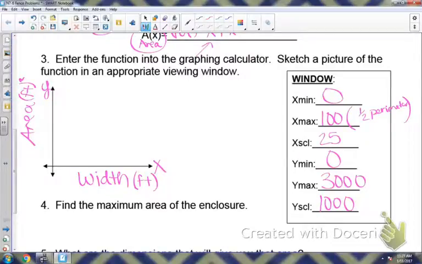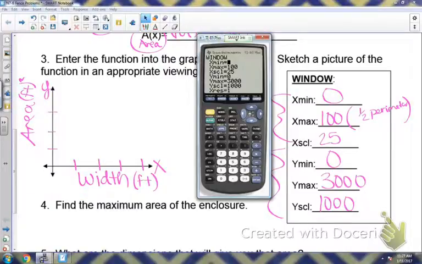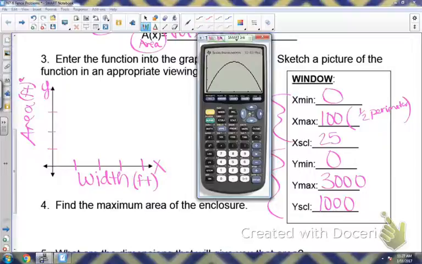On the X axis, we're going from 0 to 100, increasing by 25. So 25, 50, 75, 100. On the Y, we're going from 0 to 3,000, increasing by 1,000. 1, 2, 3.